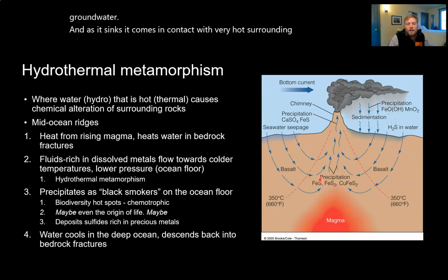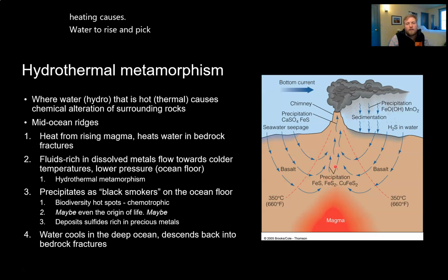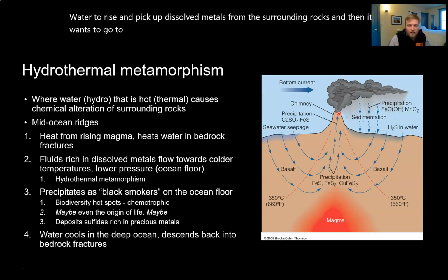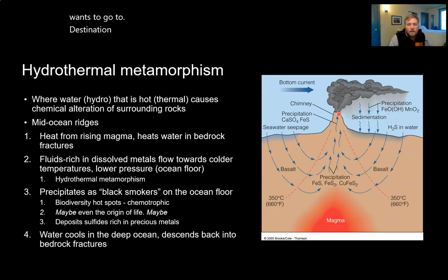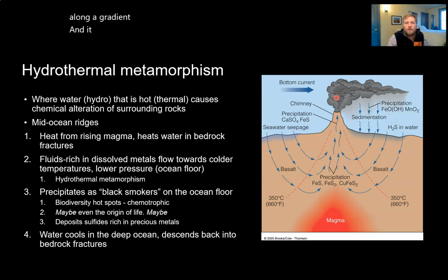And that heating causes the water to rise and pick up dissolved metals from the surrounding rocks. And then it wants to go to the destination of lowest pressure and lowest temperature, right? Things always flow along a gradient. And it erupts out at the seafloor as what we call deep sea vents, which are sometimes called black smokers.